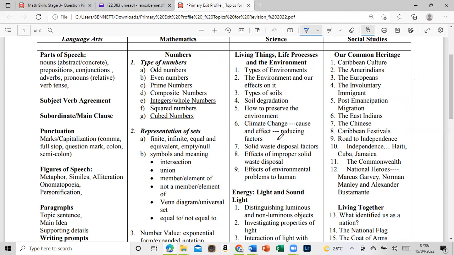That's what I would suggest. Solid waste disposal factors, effect of improper solid waste disposal, what are the effects on the environment and so forth. All right. And it says also the effects of environmental problems to humans. How do these environmental problems affect us as humans, and what are the possible solutions? So go through it with them.